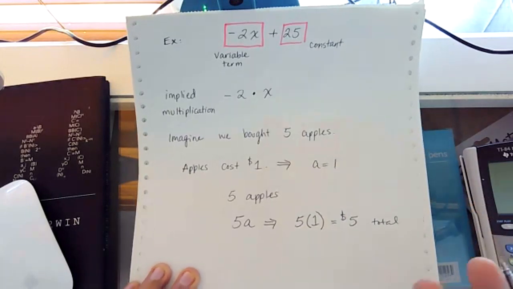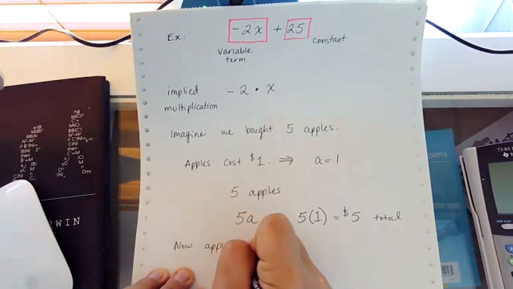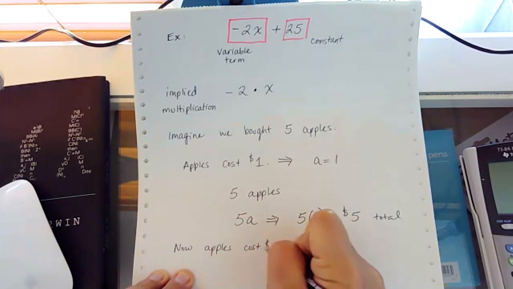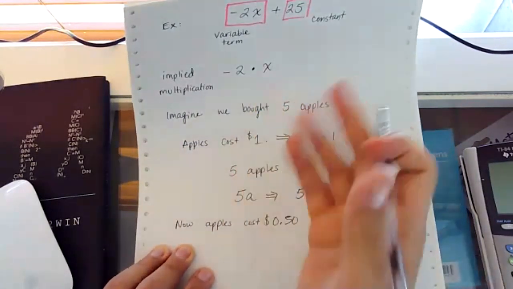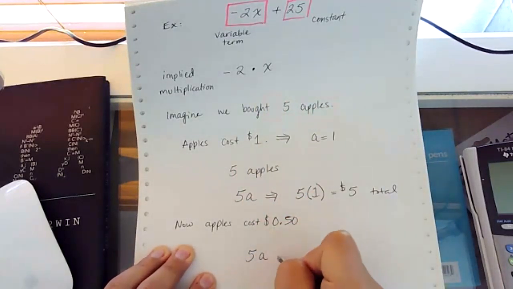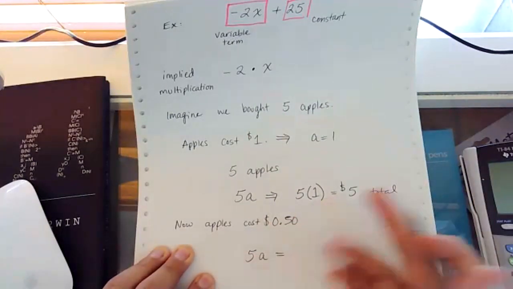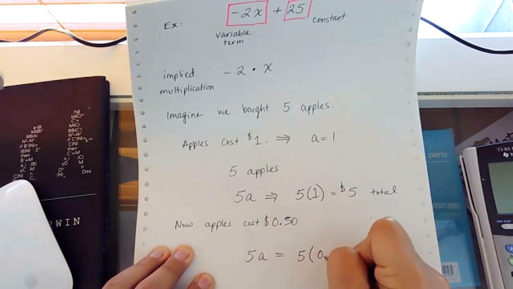But if you go to the grocery store later on, and now apples cost 50 cents a piece, well, you have this expression that you want 5 apples, and now the prices change, right? So we can substitute in that different value for the variable and say, okay, we're going to do 5 times 50 cents.